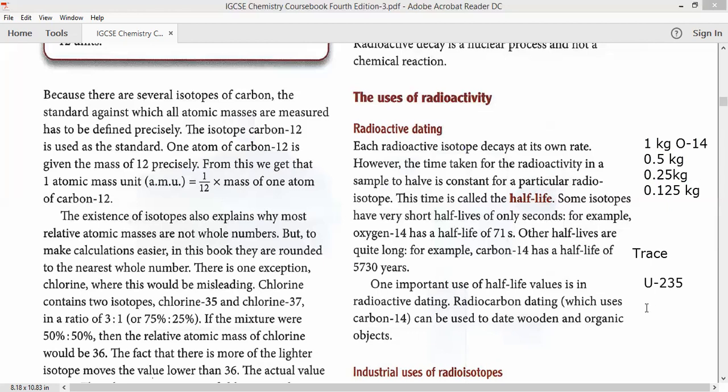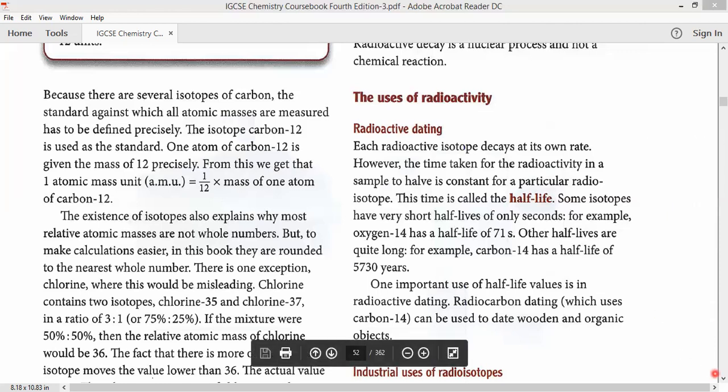This one has a half-life of 710 million years, which is a pretty long one. So it can be extremely long or it can be very short. U-235 and O-14 are examples for this one, respectively.